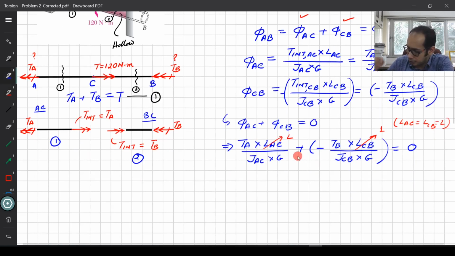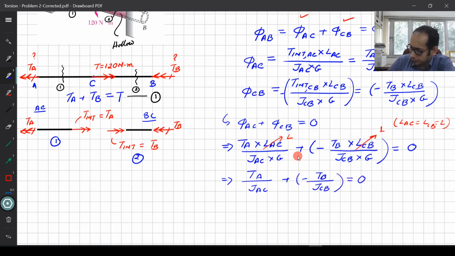So this further simplifies the expression: TA divided by J of AC plus minus TB divided by J of CB equals 0.